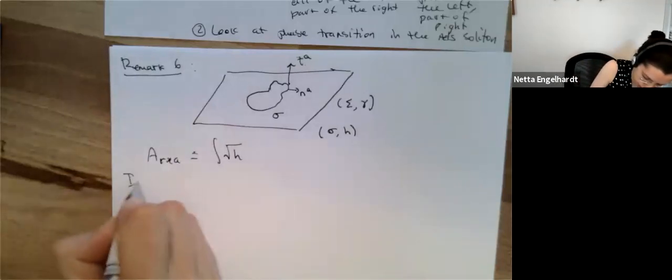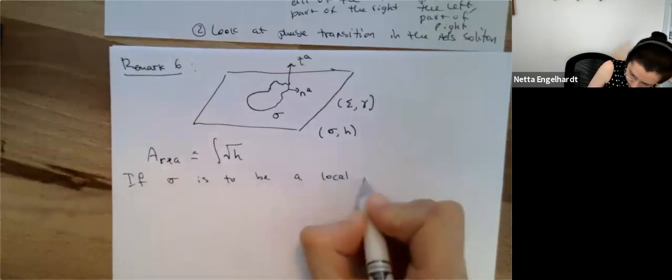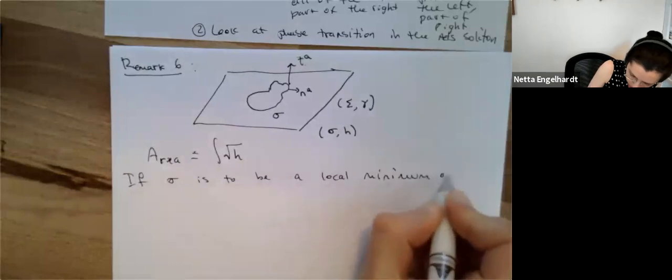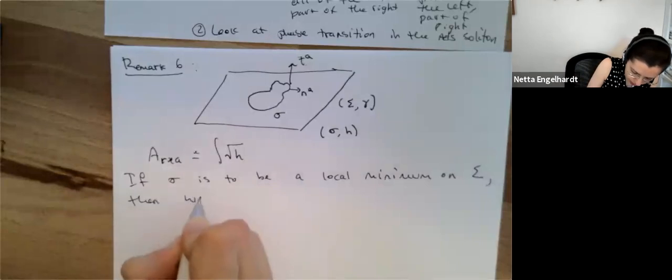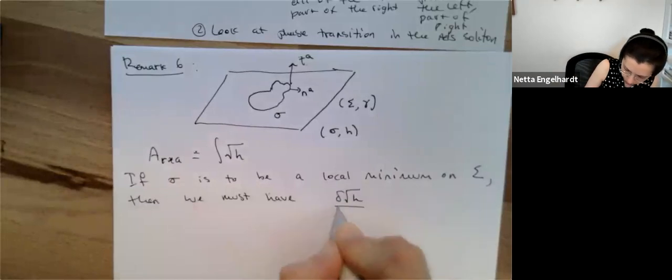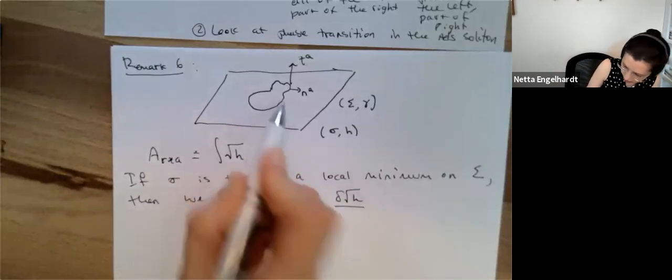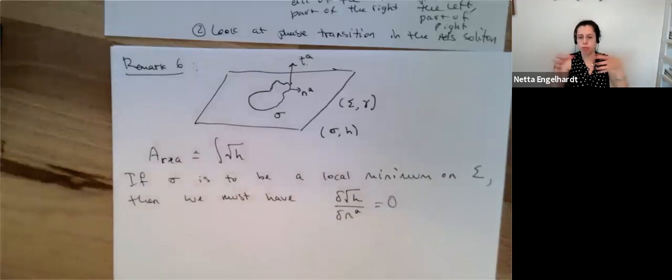And if sigma is to be a local minimum on our Cauchy slice, capital sigma, then we must have delta of the infinitesimal area element, as we imagine slightly deforming this, delta dA equals 0. Meaning, as we slightly deform the location of the surface, first order variations will not change the area. That's what we mean when we say this is the local extremum of the area functional.